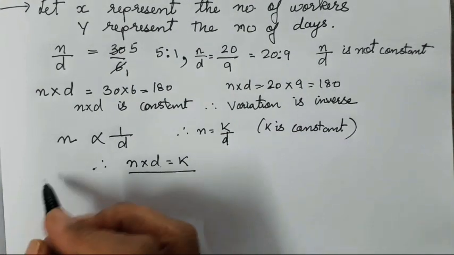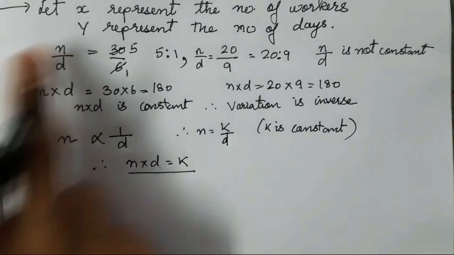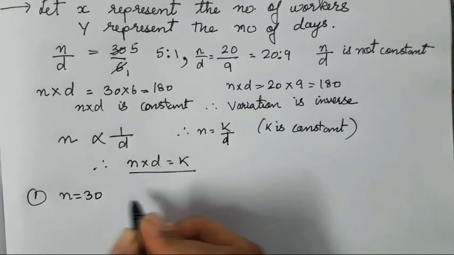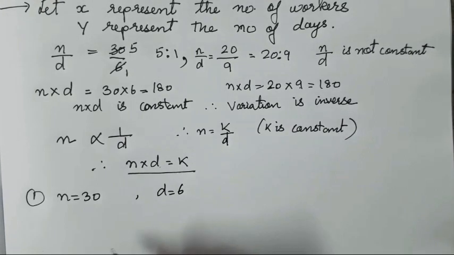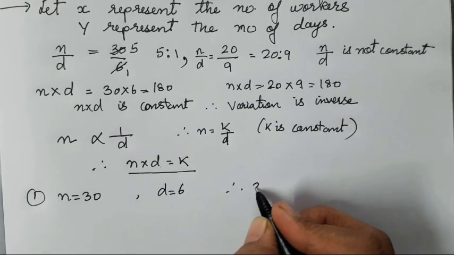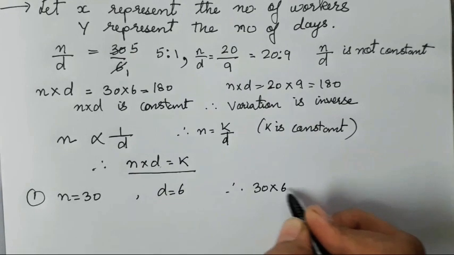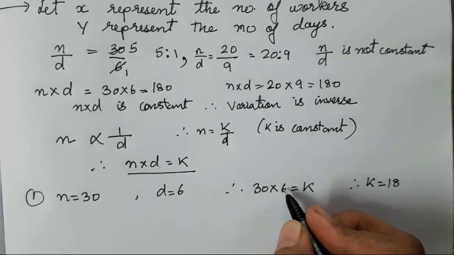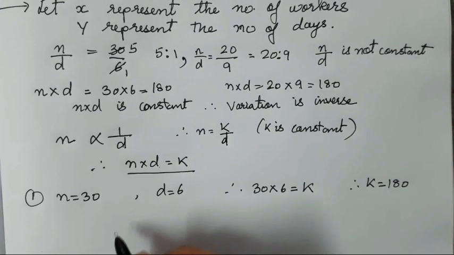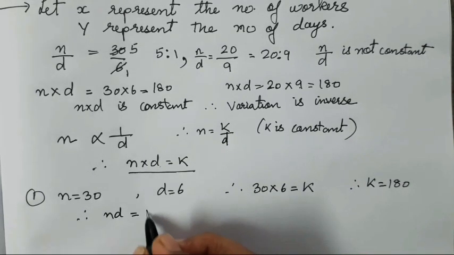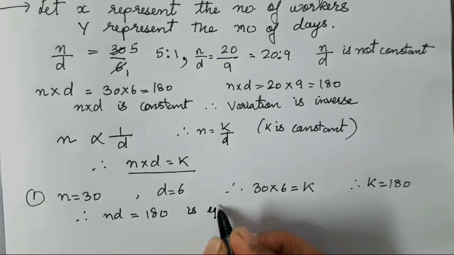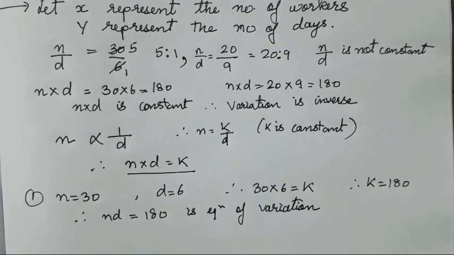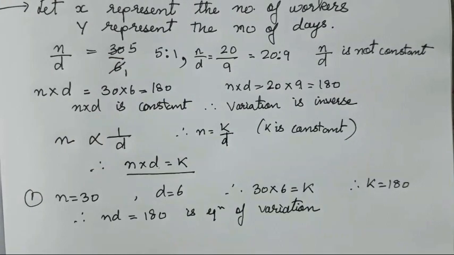Once you get this formula, you just substitute the values given in the table. The first one: n is equal to 30 and d is equal to 6. Therefore 30 into 6 is equal to k, so k is equal to 180. Therefore n into d is equal to 180 is the equation of variation. Got it, children? It's very easy. The only thing is that you have to understand the starting part.